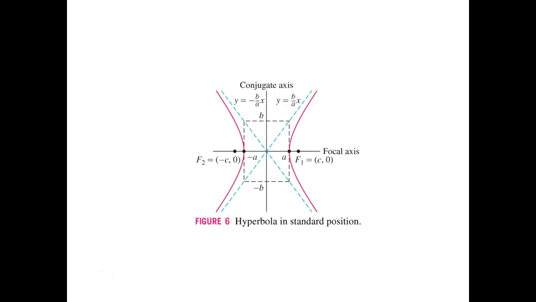So that's where the B comes in. It's sort of an imaginary point. There's nothing there. A is where the hyperbola crosses the focal axis, at A and minus A. B is sort of an imaginary point there, and the box defines the slope of the asymptotes. So, for whatever that's worth.